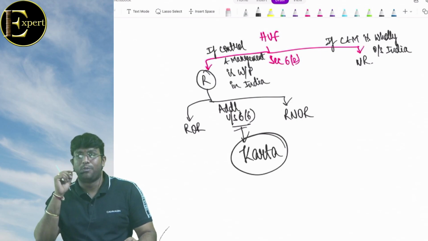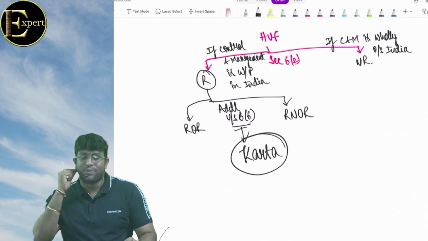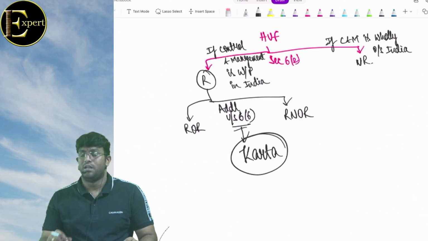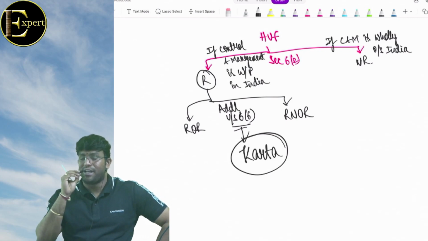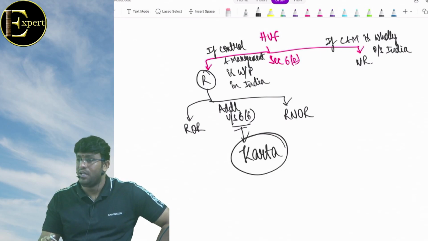Are we clear with this? So what is 6(1) and 6(6)? Basic and additional for individual. 6(2) and 6(6): basic and additional for HUF. Did the point make sense?